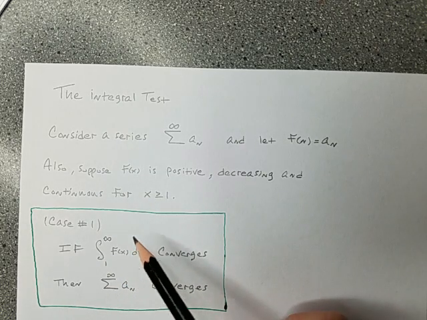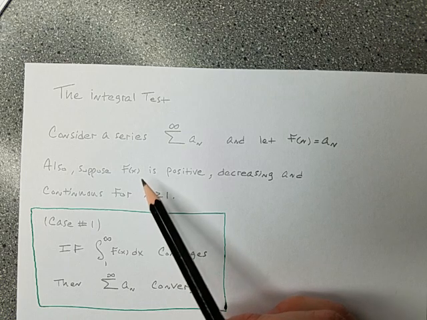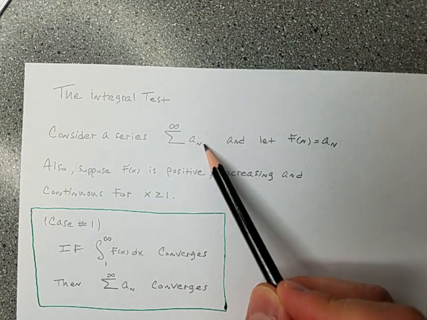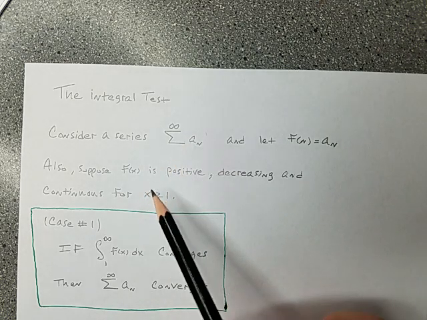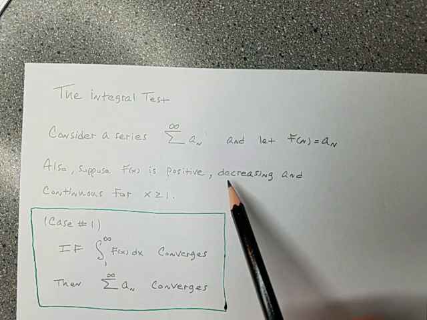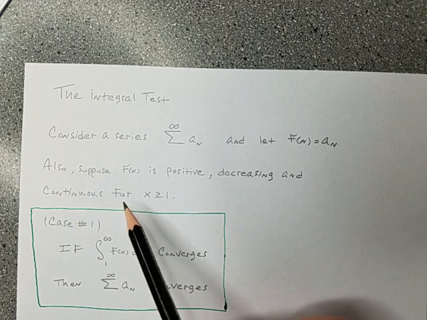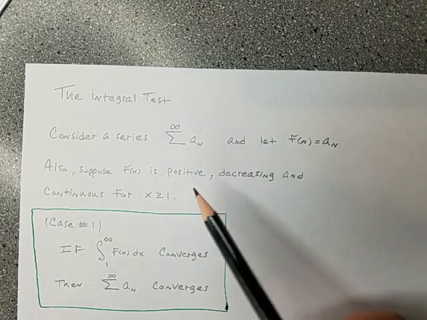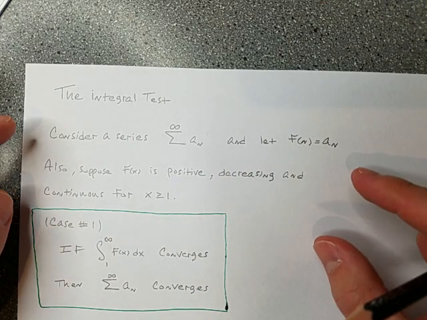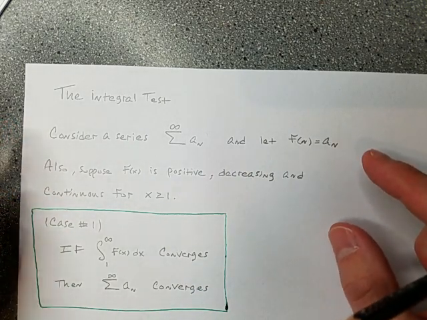And suppose that that function, which is really just this one with x instead of n, is positive, decreasing, and continuous for x greater than or equal to 1. So that's all the setup and the fine print for the integral test.